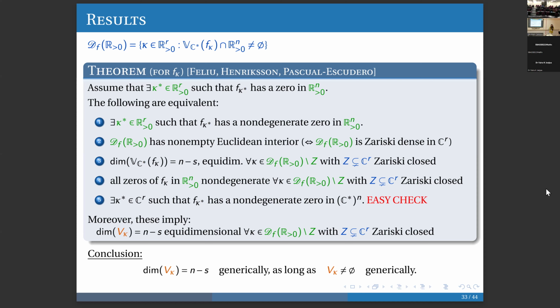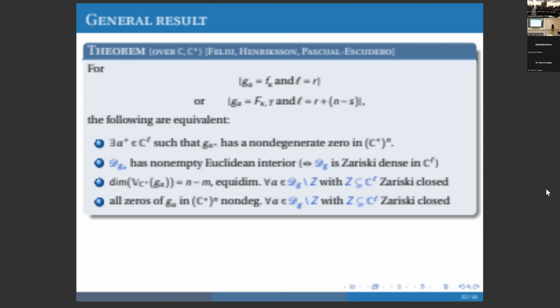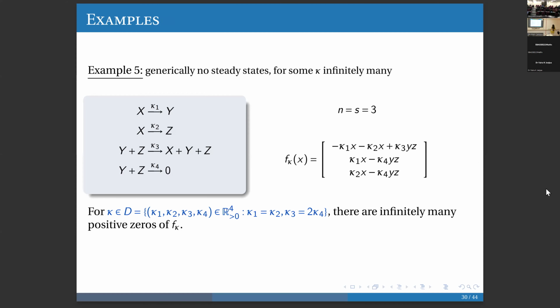Beatriz, can you describe this Zariski closed set? In the theorem, we don't construct it. I gave it in some of the examples before. Maybe I can come back. So is there a general form, for instance, here? No, so the theorem is not constructive in that sense. We use dimension of fibers and this kind of thing.